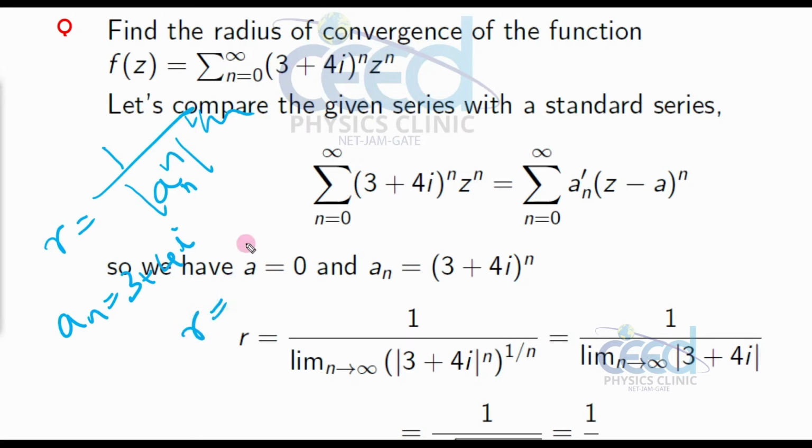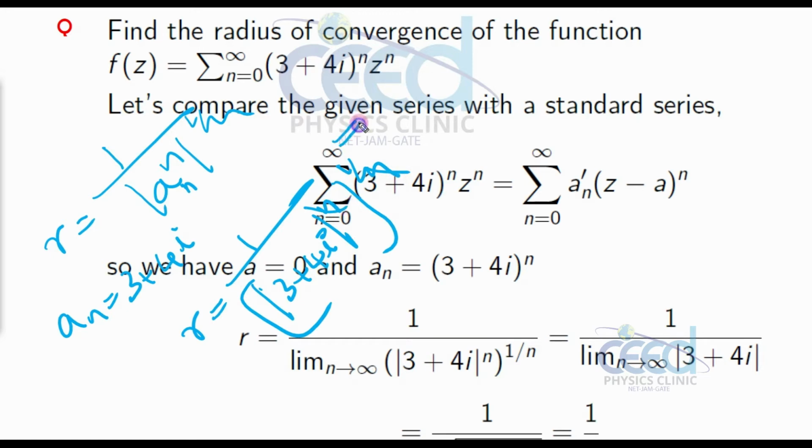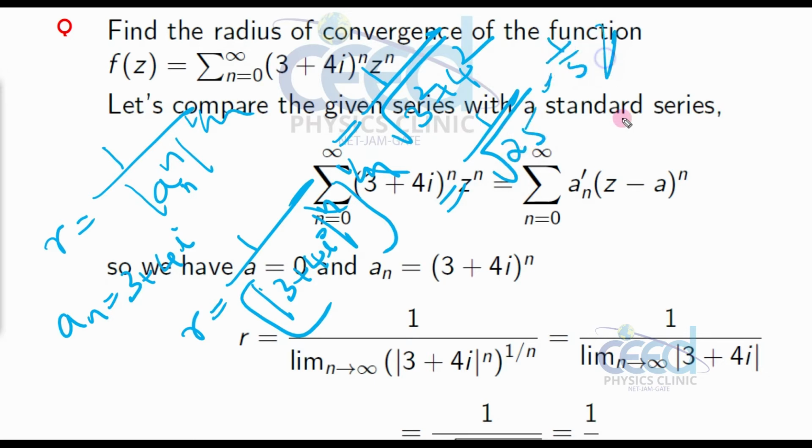Radius of convergence is equal to 1 by mod (3 plus 4i) whole raised to n, whole raised to 1 by n. This n and this n will cancel. And what is the mode of the complex number 3 plus 4i? That is root of 3 square plus 4 square, so 1 by root 25, that is equal to 1 by 5, right?